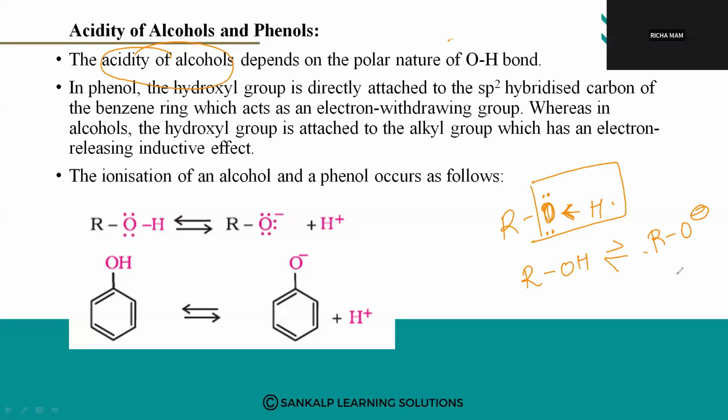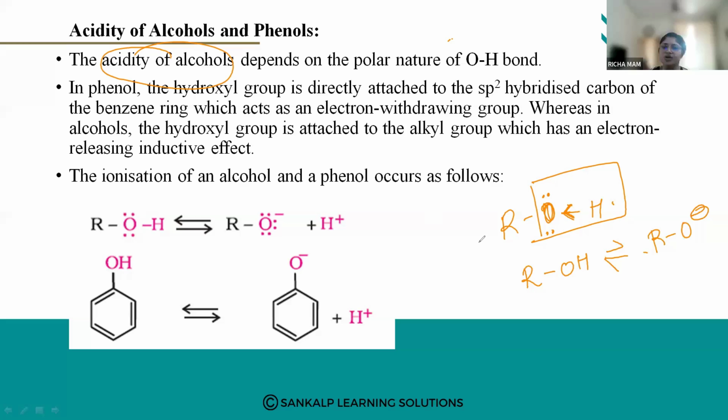As a result, there will be partial negative and partial positive charges. When you break the bond, hydrogen will be left with no electrons and chlorine will take the pair of electrons with it. Like this, heterolytic cleavage is formed.